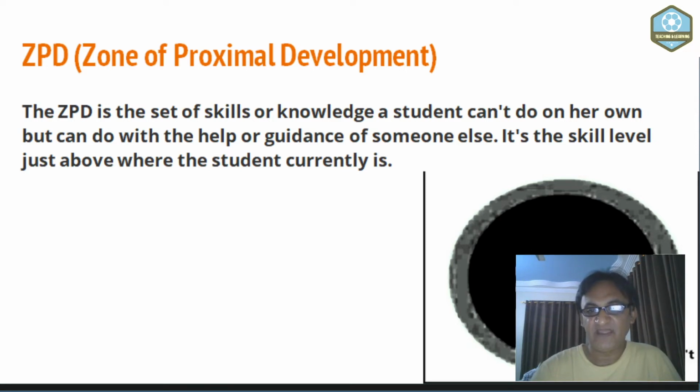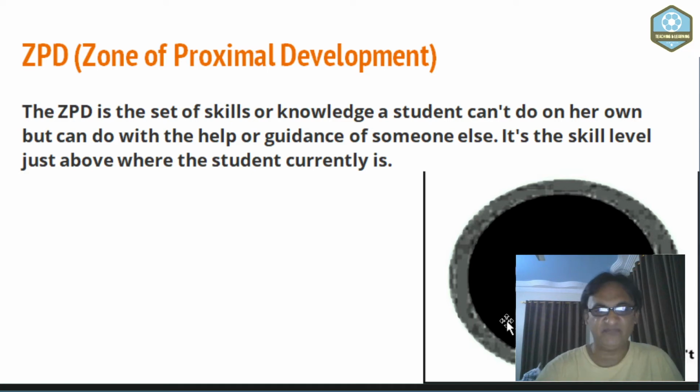And this is the ZPD zone, the light green color. And here the learner cannot do anything at all. The ZPD is a set of skills or knowledge that students cannot do on their own but can do with the help of guidance. So in this area, the students don't know all the skills.